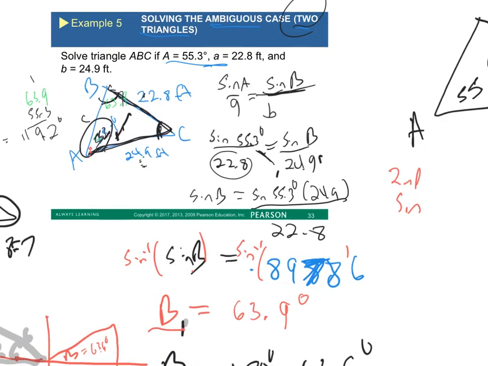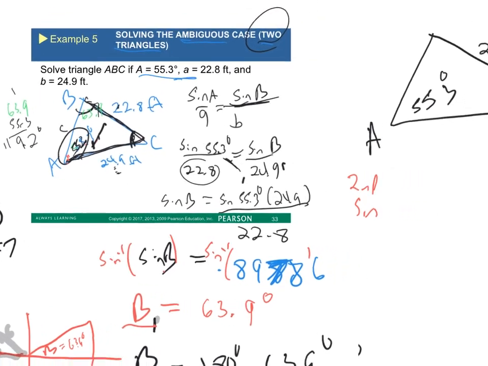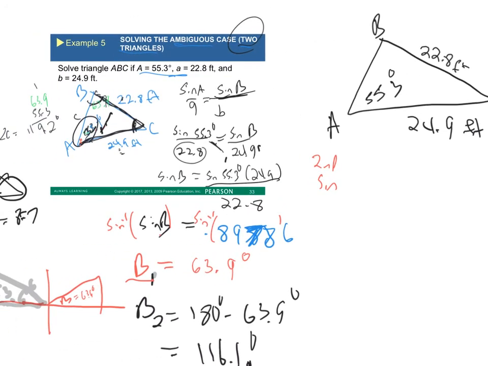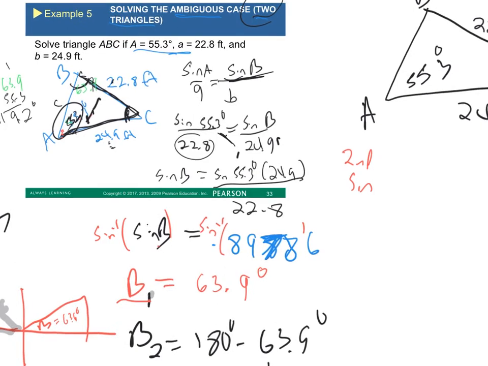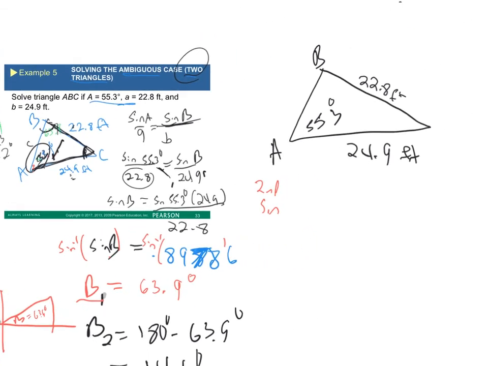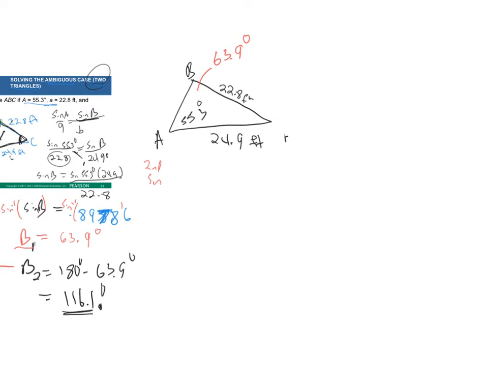We knew that side B was 24.9 feet. And those were the three measurements they gave. And we solved it the first time, and we got 63.9 degrees for B. So let me add that. We found 63.9 degrees.